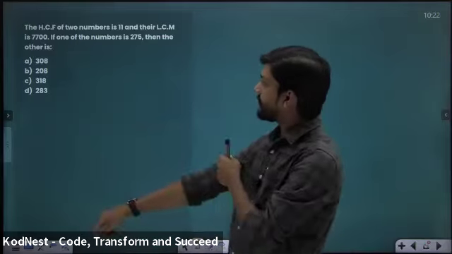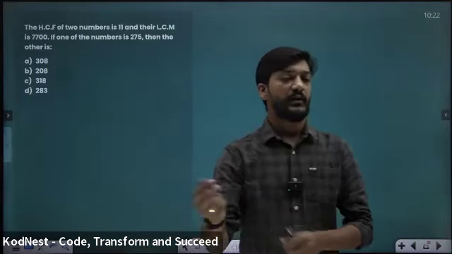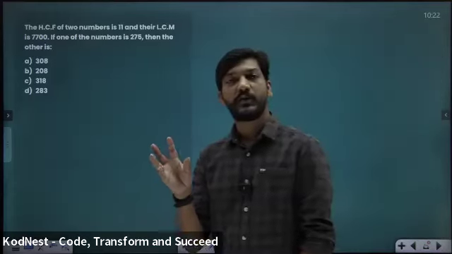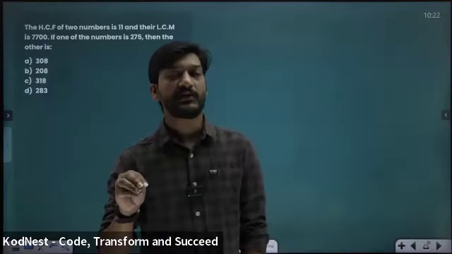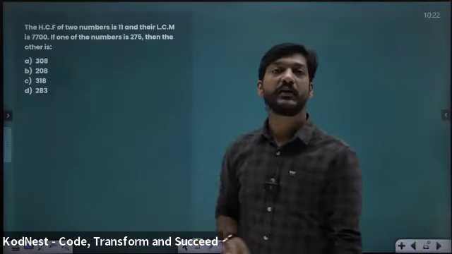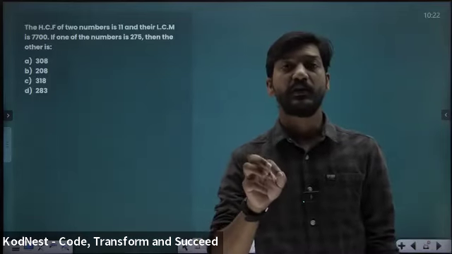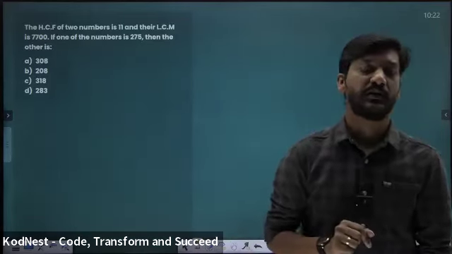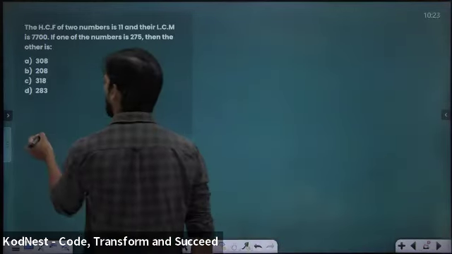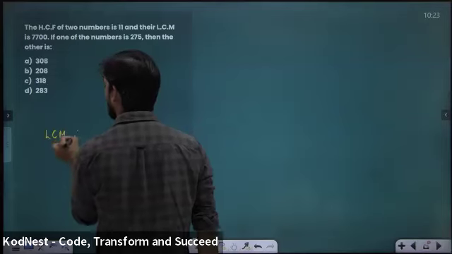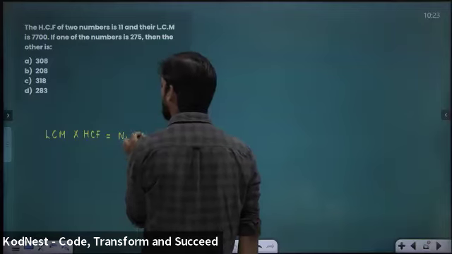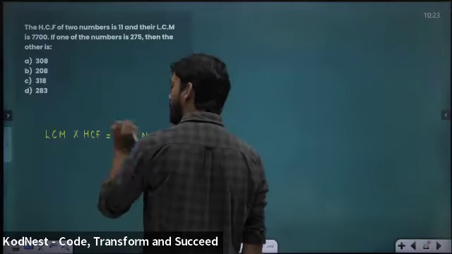Carefully see, please. There are two approaches. One approach is where we have to calculate the integer, then only we can solve it. In this question, three values are already given: LCM, HCF, and one of the numbers. Whenever three values are given, you just apply the very basic formula, which is LCM into HCF equals N1 into N2.